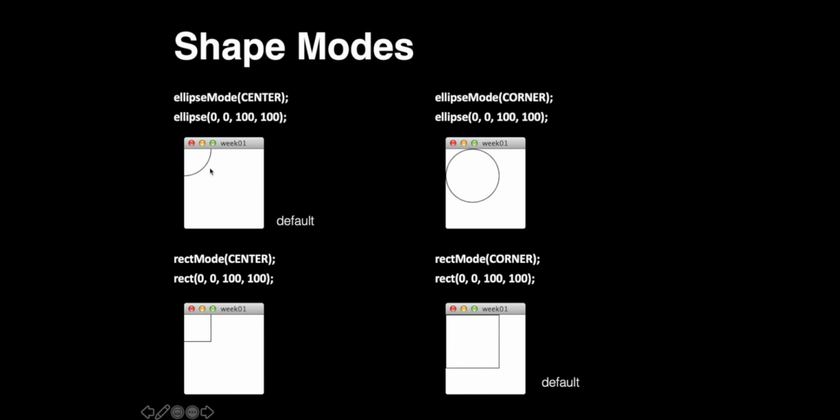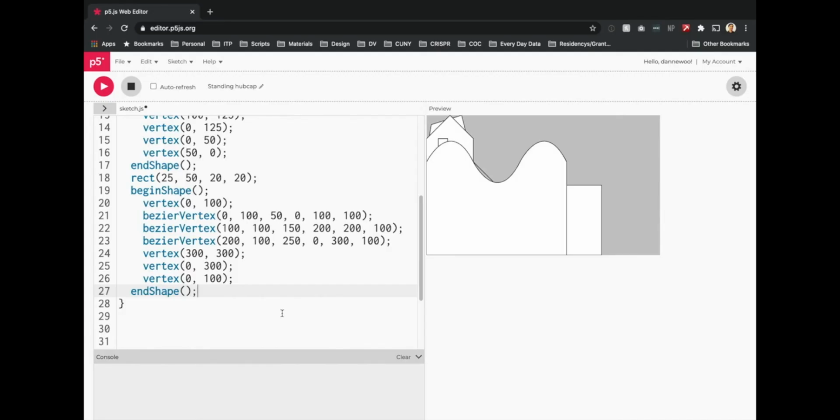So this is going to be the default for an ellipse. And if you wanted it to start in this area, then you could change the ellipse mode to corner, and that's going to draw the ellipse from here down versus from the center point out. Same thing with rectangle. By default, it starts from the corner down. If you wanted to draw from the center out, you can do rect mode center. So let's check that out here. Let's just draw an ellipse.